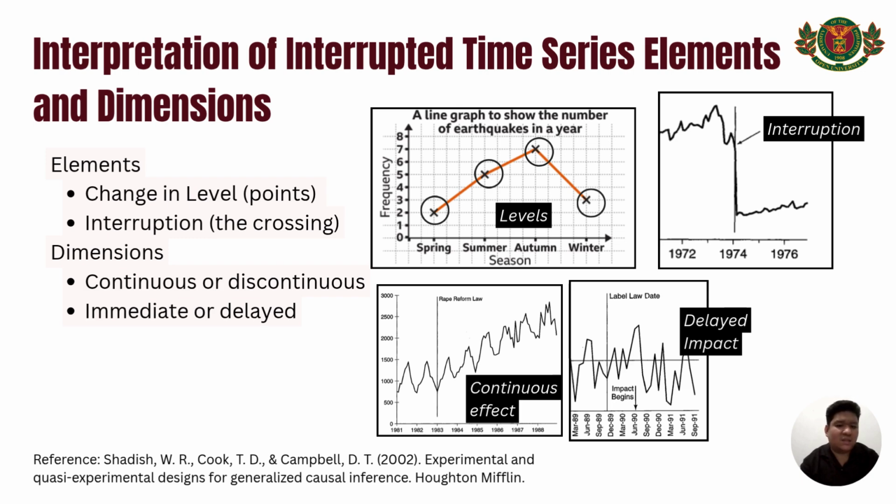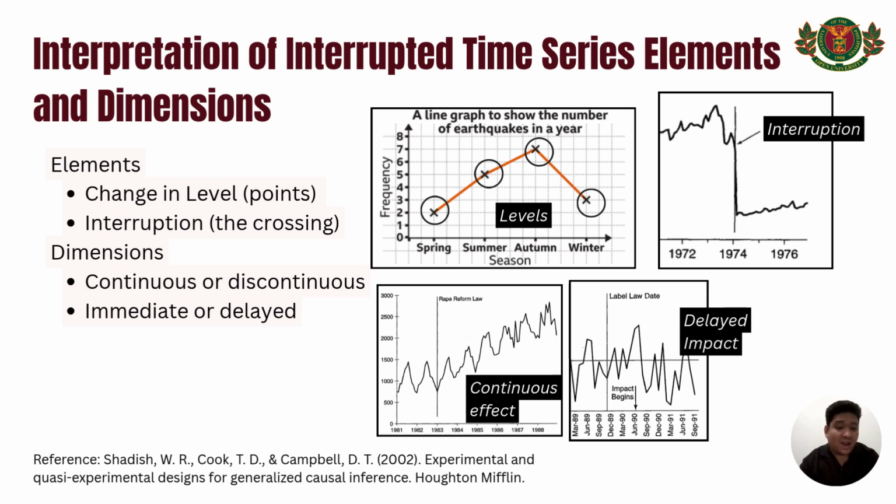So this is called an interruption because this is different from what is generally experienced by the user base. And then in terms of the dimensions of the ITS, there's also a continuous and discontinuous effect, which just shows that after the implementation of the program, we can see that the trend line can be continuing, which is sampled here on the screen.